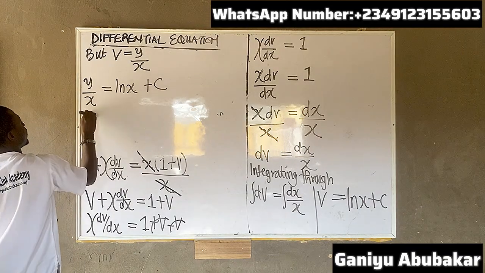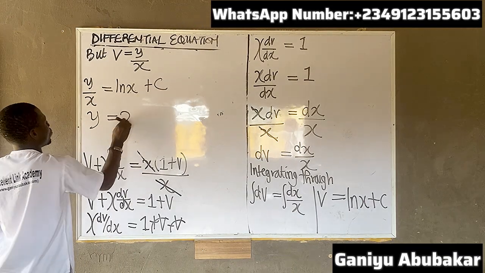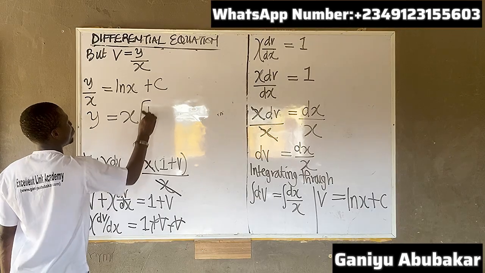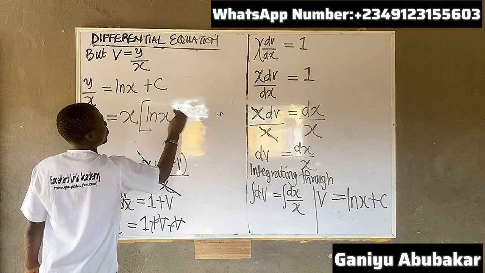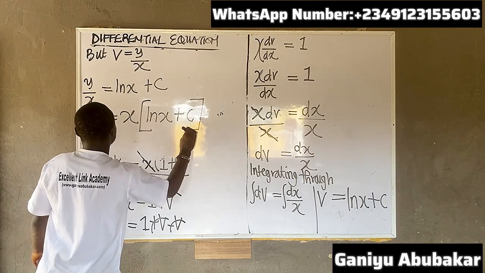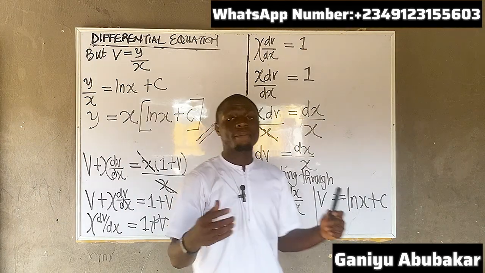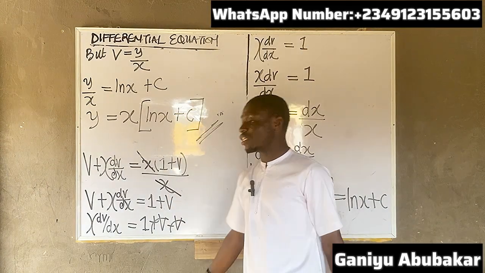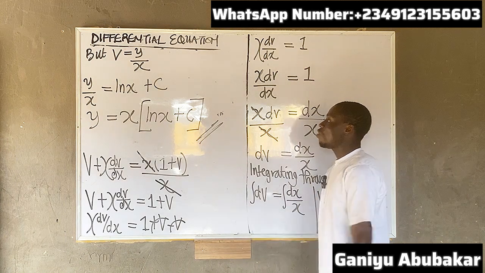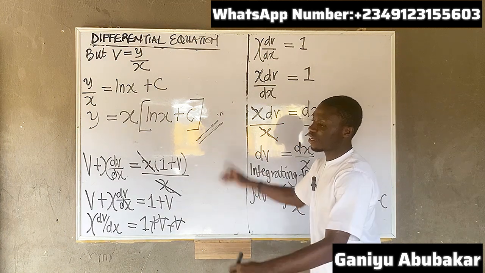Take this x here, that gives you y is now equal to x into (ln x plus c). This becomes the answer to that particular question. This is a solved problem of this kind.